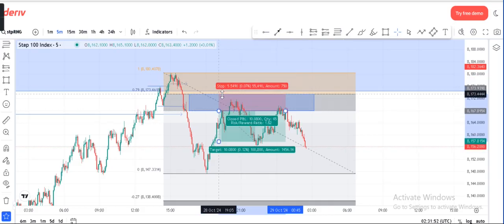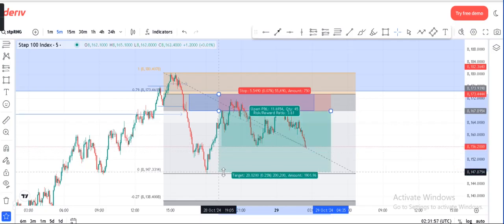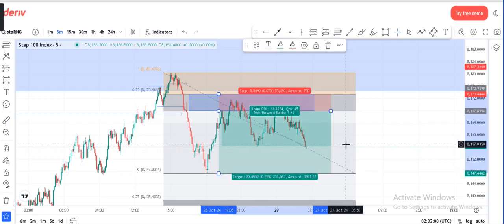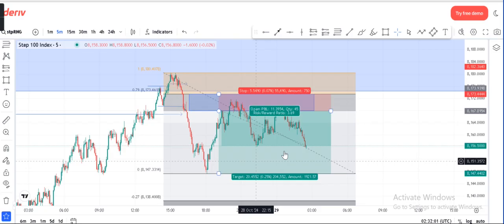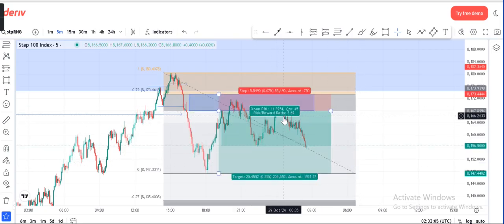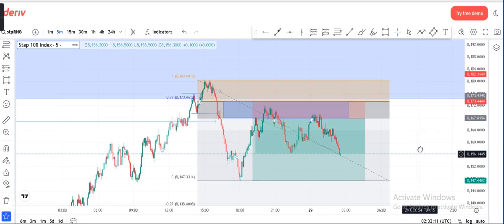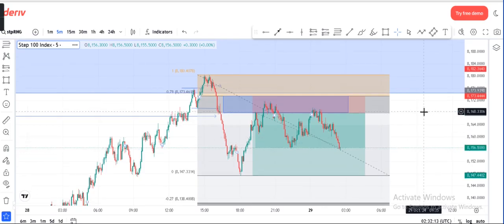Our stop loss is going to be here based on this particular re-entry, and our take profits here. But because we understand that we are looking at the long term, we can freely just put our stop loss at break even and allow the trade drop massively. So this is actually what we have for the step index market.